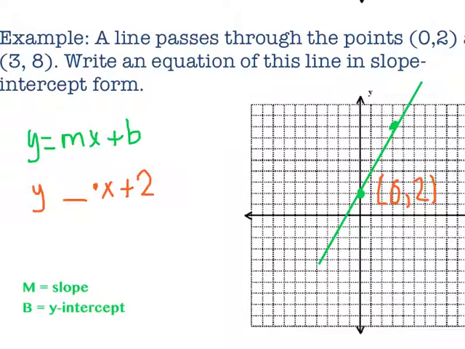Now I need to figure out the slope, and so I can just count to get from this dot to the next dot. I had to go up 1, 2, 3, 4, 5, 6, and I had to move over 1, 2, 3.